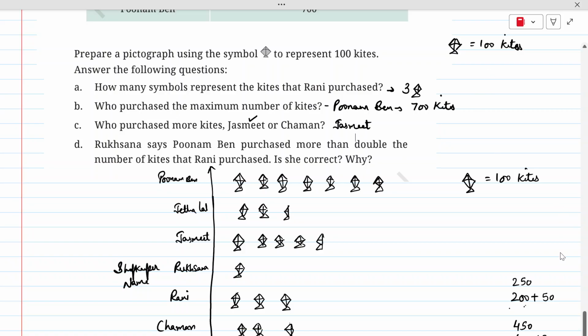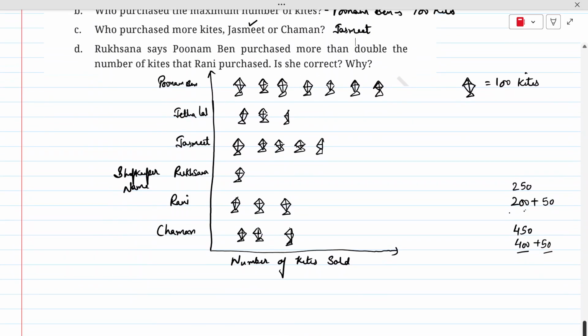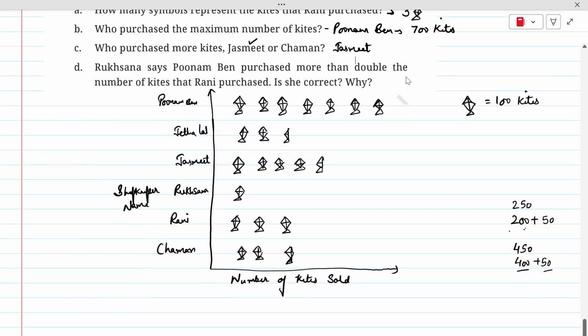Okay. So what she is saying is that Poonam Ben has purchased more than double the number of kites Rani purchased. So let us see how many kites Rani purchased. Rani has purchased 300 kites. Now let us double this amount.